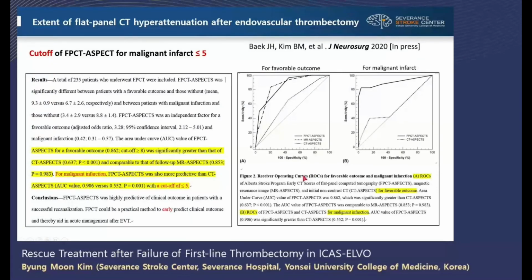Extent of hypoattenuation and contrast enhancement on flat panel CT is negatively associated with clinical outcome. Cutoff of flat panel CT ASPECTS assessed by enhancement area instead of low density for malignant infarction is equal to or less than 5.